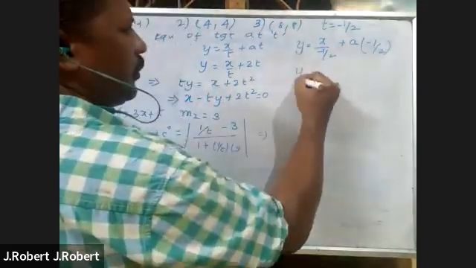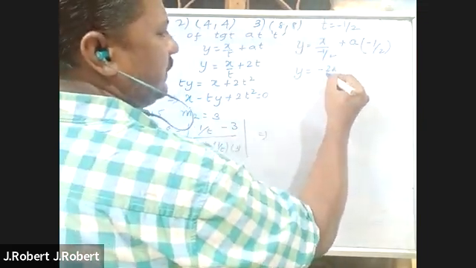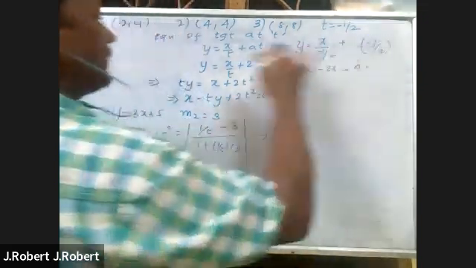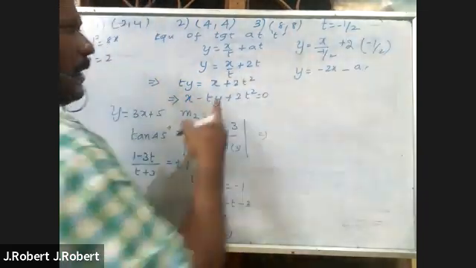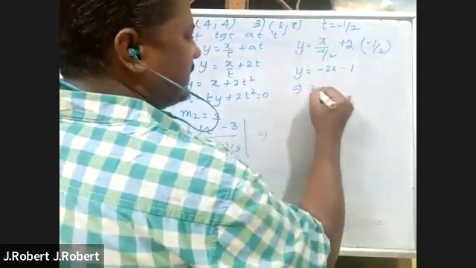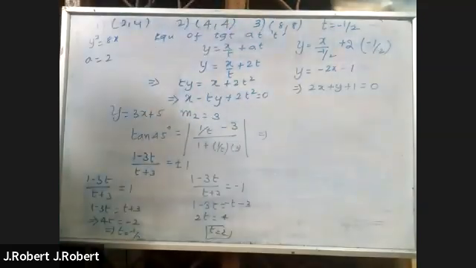Isn't it? Your y is equal to minus 2x when it goes up. Next, what we get is minus a by 2. The value of a we know, it is 2t. Take from this 2 into minus 1 by 2, so we will get minus 1. So I can write this as 2x plus y plus 1 equal to 0.